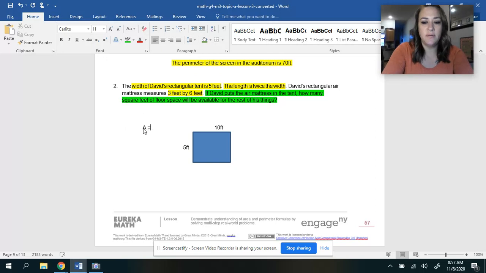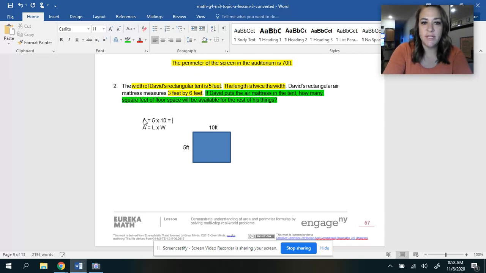So area equals length times width. Okay. So if we know that the tent here is 5 by 10, then we can take our length times width. So area is going to be equal to 5 times 10.